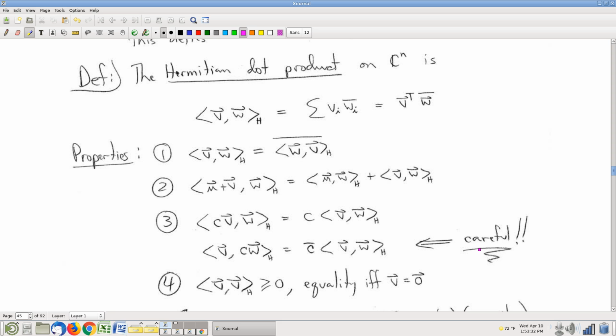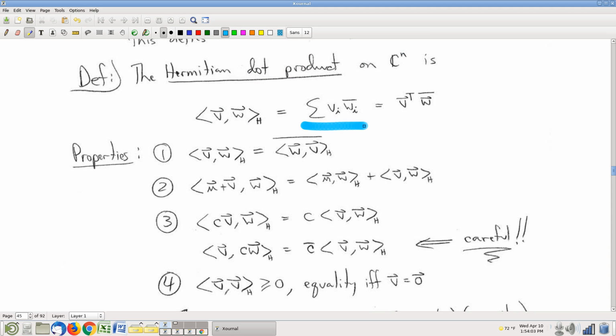This is just an algebraic choice, right? We define this thing called the Hermitian dot product on Cn. So keep in mind, when we say on Cn, what we mean is that these vectors to which we apply this new construction, this new formula called the Hermitian dot product, those vectors are vectors in Cn. They're tuples of numbers, but those can be complex coordinates. Right? And the formula, very straightforward.